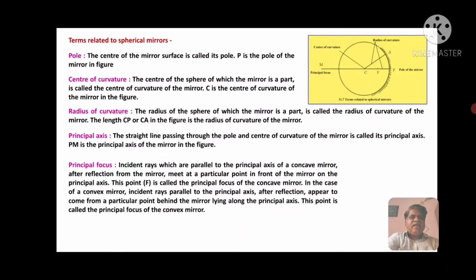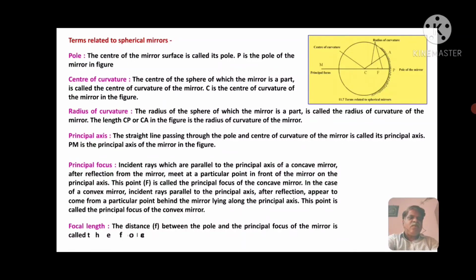In the case of a convex mirror, incident rays parallel to the principal axis, after reflection, appear to come from a particular point behind the mirror lying along the principal axis. The distance between the pole and the principal focus of the mirror is nothing but the focal length. This distance is half the radius of curvature of the mirror.